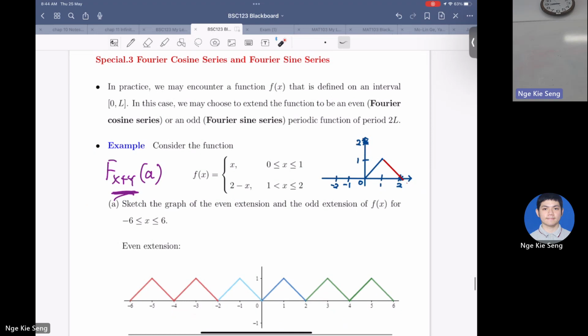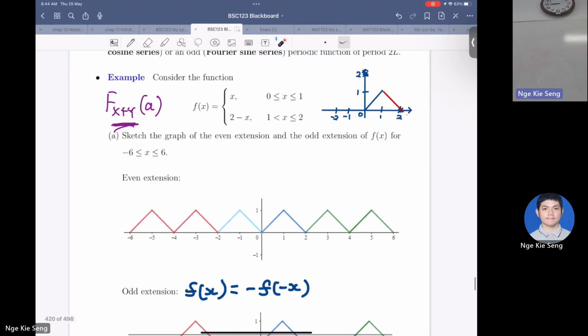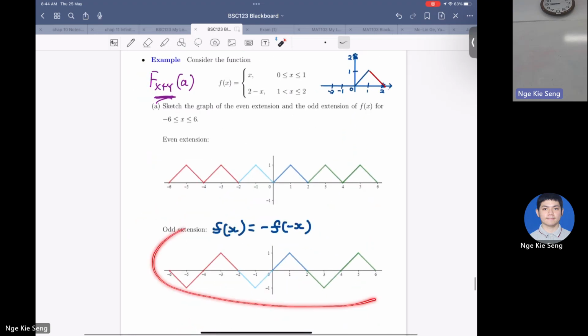So there are two ways to extend this. Just now what we did is we just repeated this pattern to build a periodic function. But there are actually two ways to do it. One way we can do it evenly, which is what we did just now. The second way is you can make this extension here.